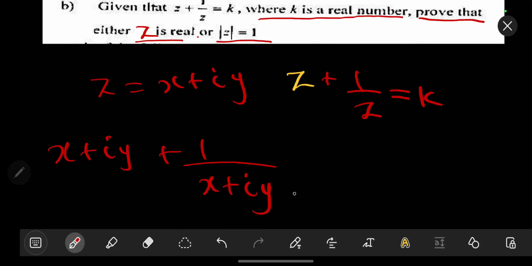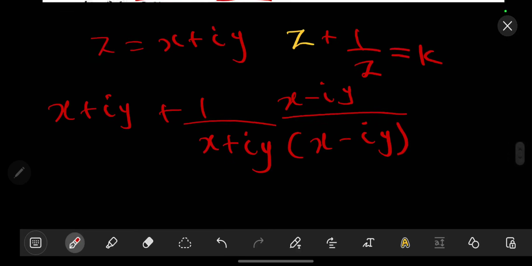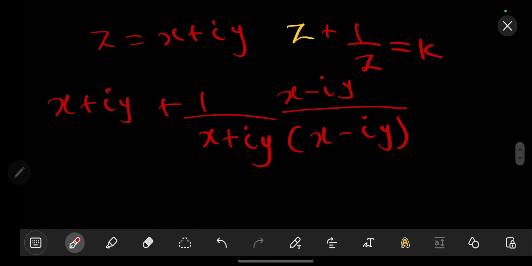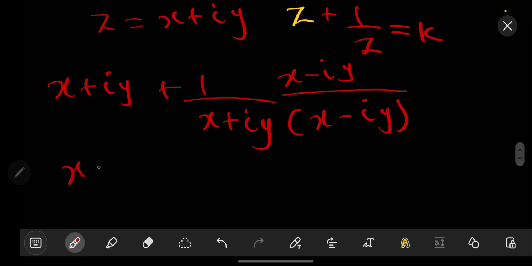The conjugate of this number is x minus iy, and even on top we have x minus iy. So when we multiply, we have x plus iy, then x times 1 gives plus x, then negative i times this one doesn't change anything, so it just comes back like that.